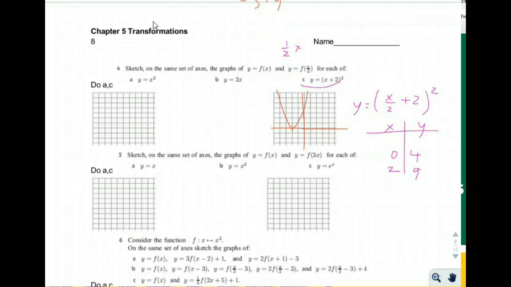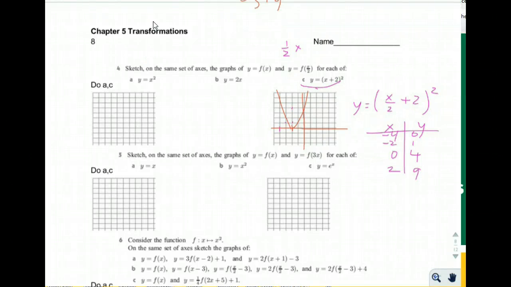So I guess we're going in the wrong direction. What if we put negative 2? We'll get 1. Okay, and so if we put negative 4, we're going to get the vertex. So the negative 4 is going to be the vertex. And at negative 2, you're going to have comma 1. And at 2, you're going to have 9.